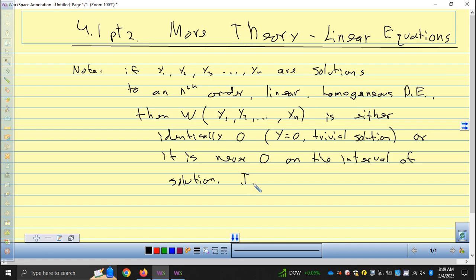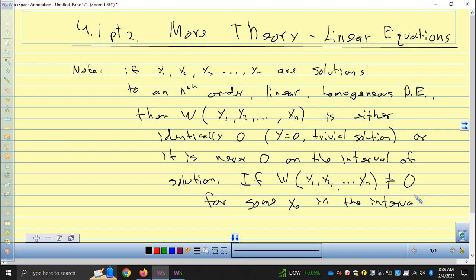So if the Wronskian of y1, y2 to y sub n is not equal to 0 for some x0 in the interval of solution, then our solutions are linearly independent.